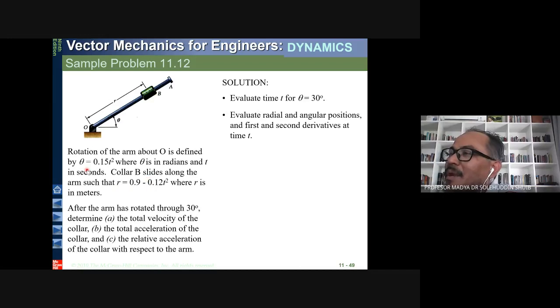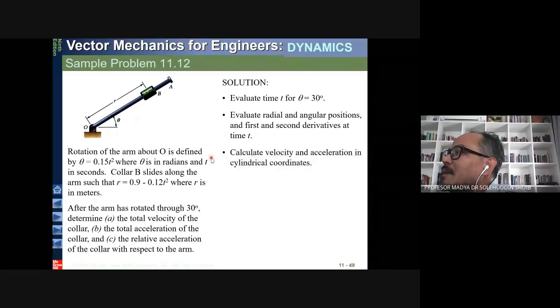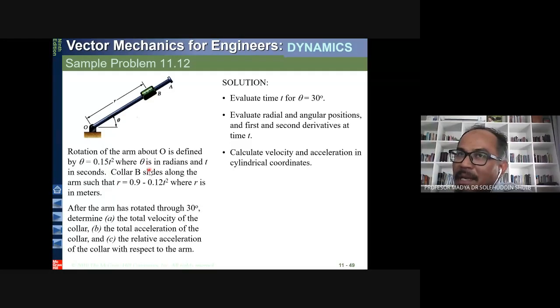You evaluate these, and then you differentiate once and twice to get velocity and acceleration. Next, you calculate the velocity and acceleration using the cylindrical coordinate system. You already have the formula in your formula sheet, so you just substitute using the cylindrical coordinate formulas to calculate the velocity and the acceleration.